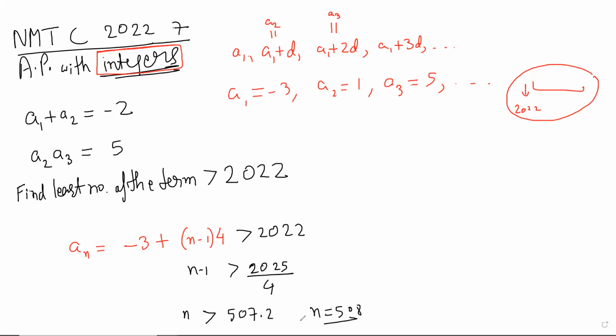You don't even have to check whether it actually works. There's nothing to worry about. So 508 is the answer. You can keep in your mind there is no formula really here. It's just common sense. The nth term looks like this.